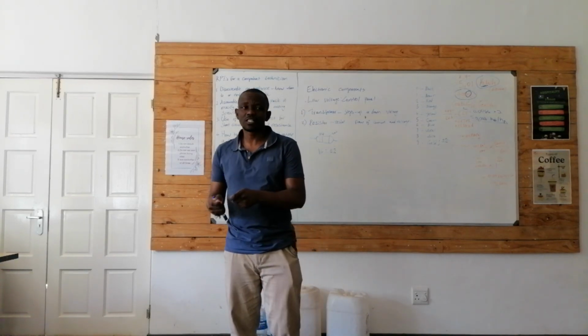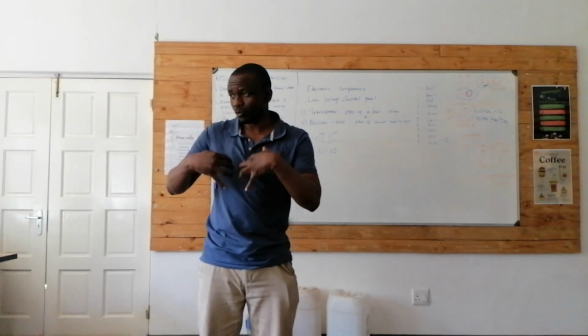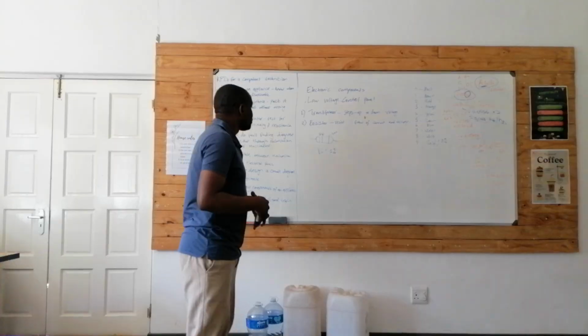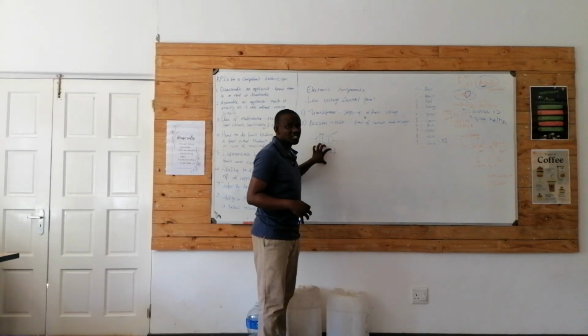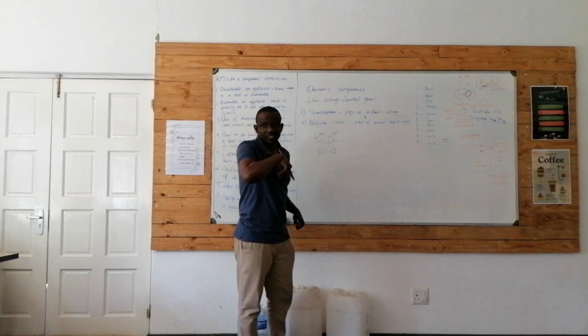And when we use the multimeter, we're going to try this exercise when we're dealing with the actual thing. It's going to give us roughly a value within that range.